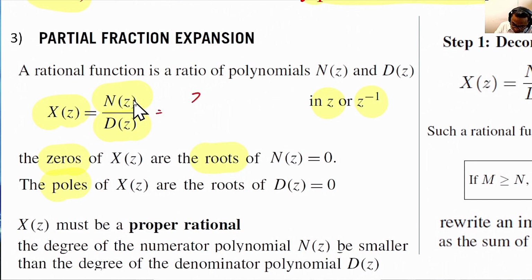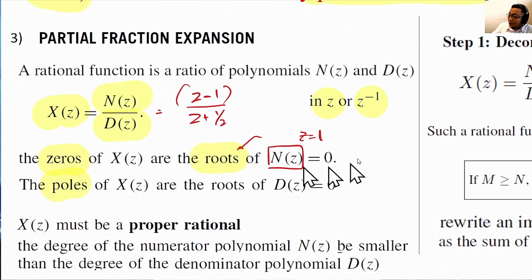We have (z minus 1) over (z plus half). The root of the numerator, in this example, is z equals 1, because when we substitute z equals 1 here, the numerator becomes 0 and the whole expression becomes 0. So z equals 1 is the root of the numerator.